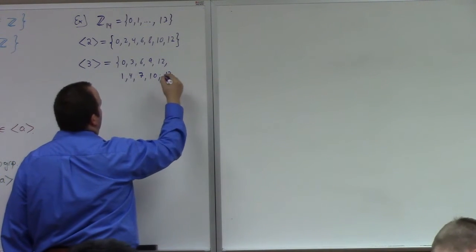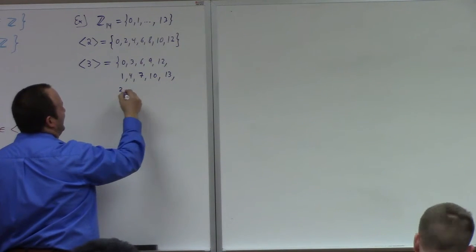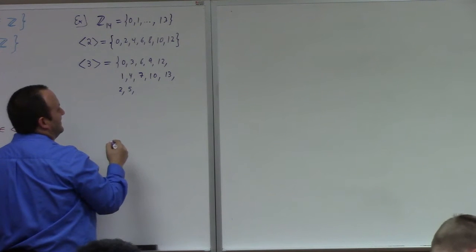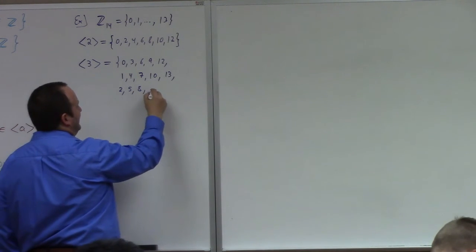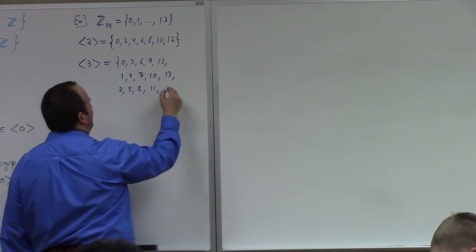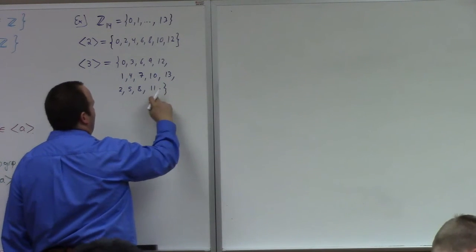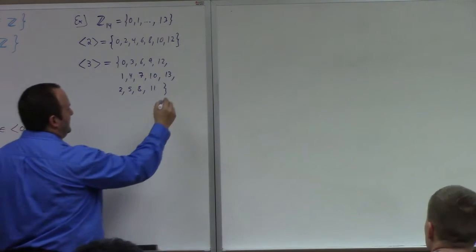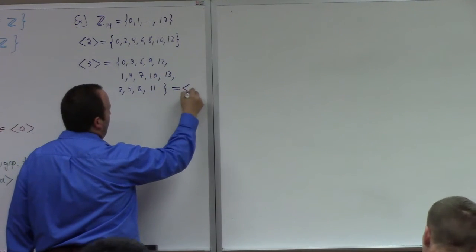Then where do we go? 2, 5, 8, 11, and now we're back. That's wacky, isn't it? And so this, by the way, is the same as the cyclic subgroup generated by 1.